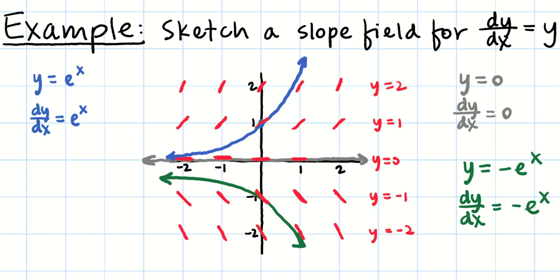So really what the general solution is going to be to this one, for reasons that you just don't know about yet, is y equals any number times e to the x. Even 0, right? c equals 0, that's the curve in gray. c equals negative 1, that's the curve in green, and c equals 1 is the curve in blue. That's going to be the general solution. But we'll talk a whole lot more about that in the videos to come.